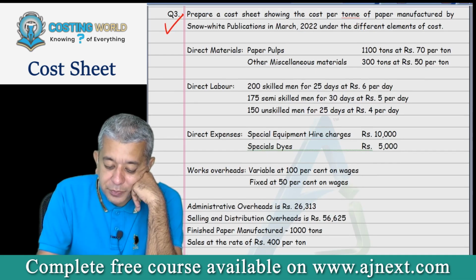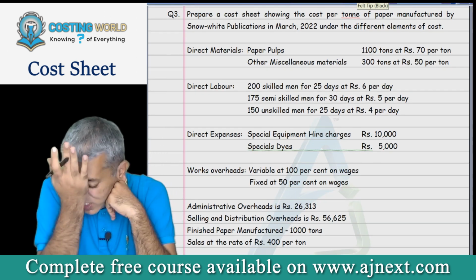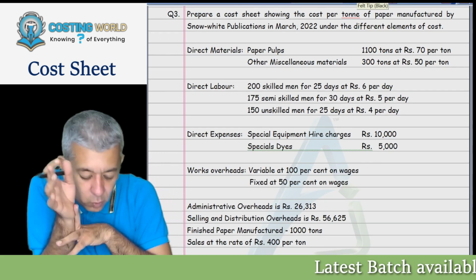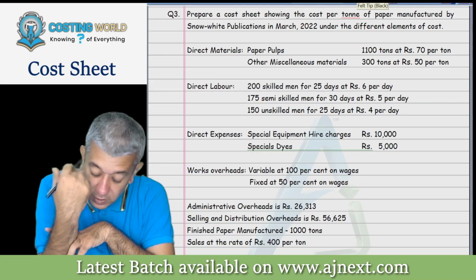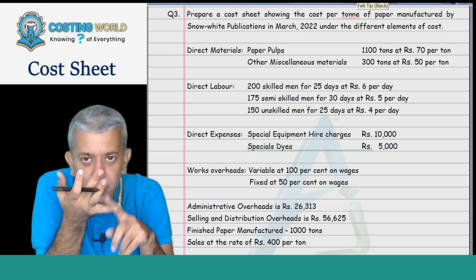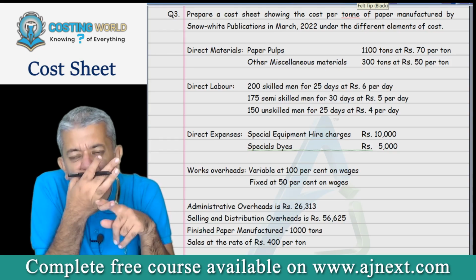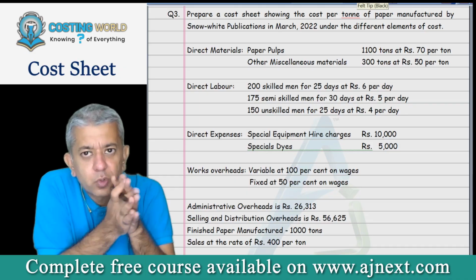Question number 3. Now this is one question whereby there will be no stocks altogether: no raw material stocks, no WIP stocks, and no finished goods stocks also.